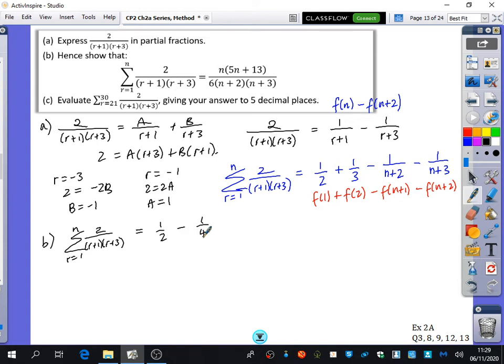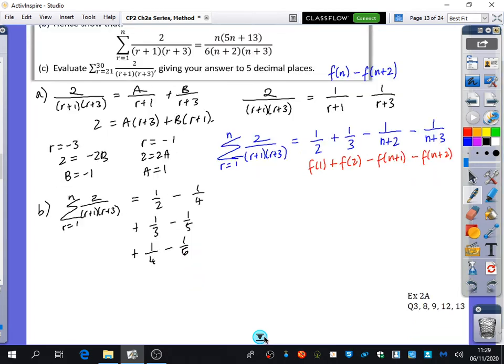Then we're going to have a third minus a fifth. And then a quarter minus a sixth. And then we'll have 1 over n minus 1 plus 1 over n plus 1 plus 1 over n. I always do plus there. I don't mean to.